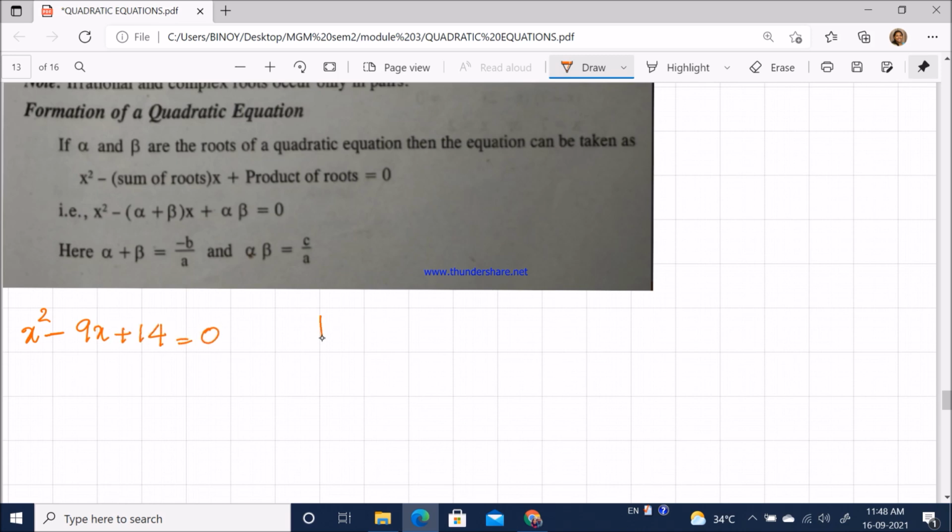We need to find whether b square minus 4ac is a perfect square or not.